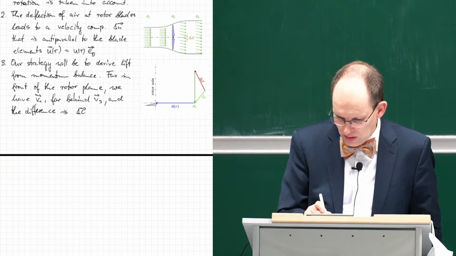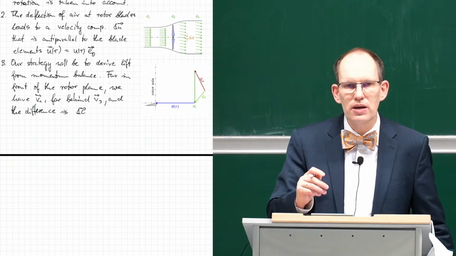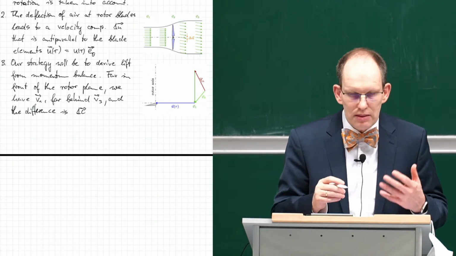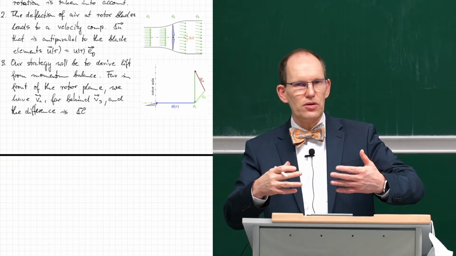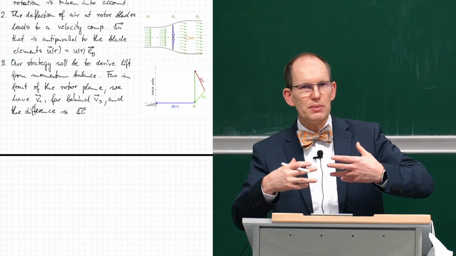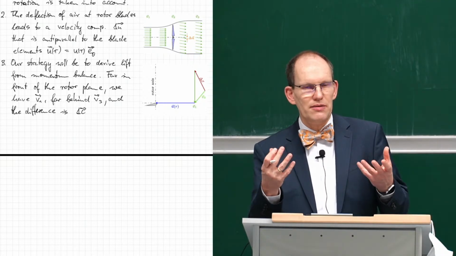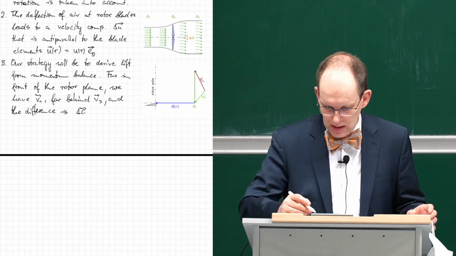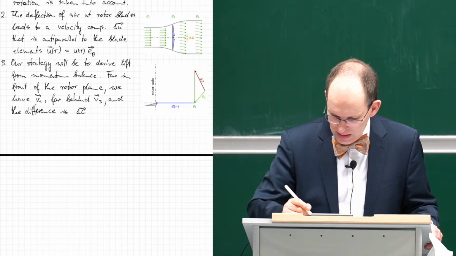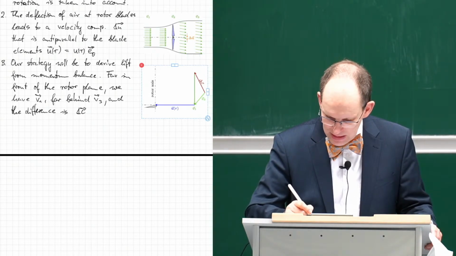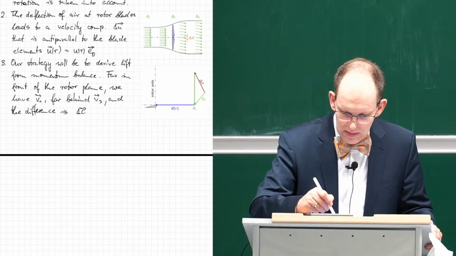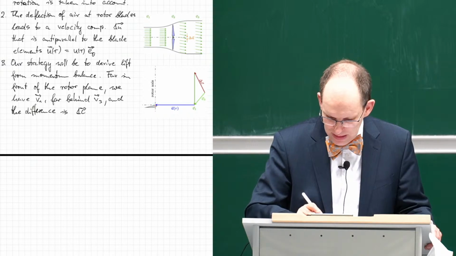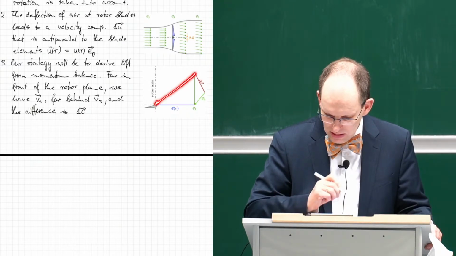So if we talk about the inflow velocity, well, the inflow velocity exists, of course, only in the rotor plane, but we can nevertheless use the vector. So we can, of course, add this vector here to this vector here, and we would get this vector here, right?